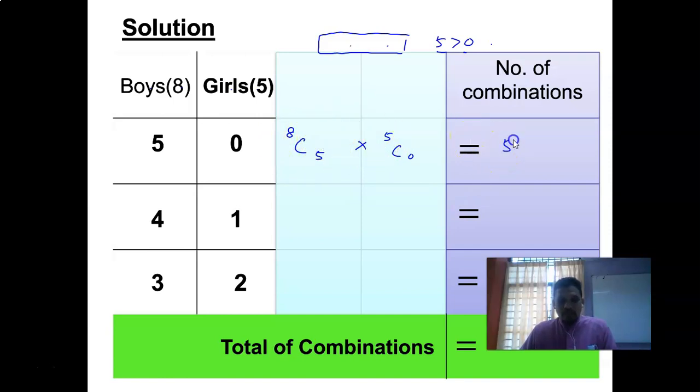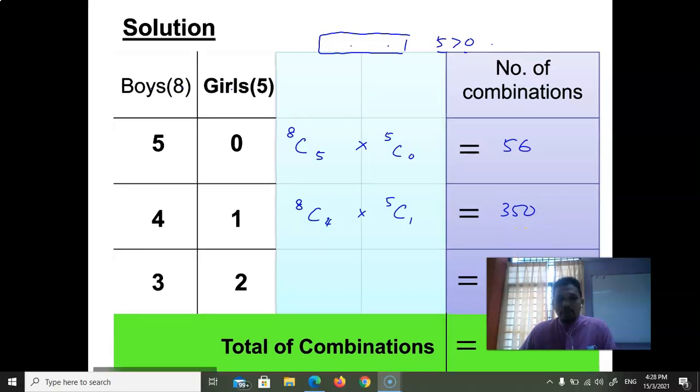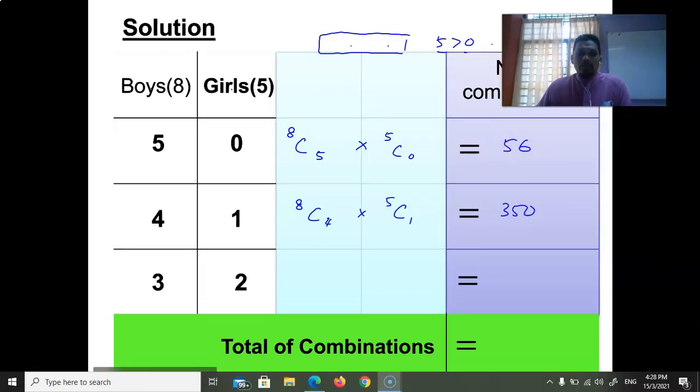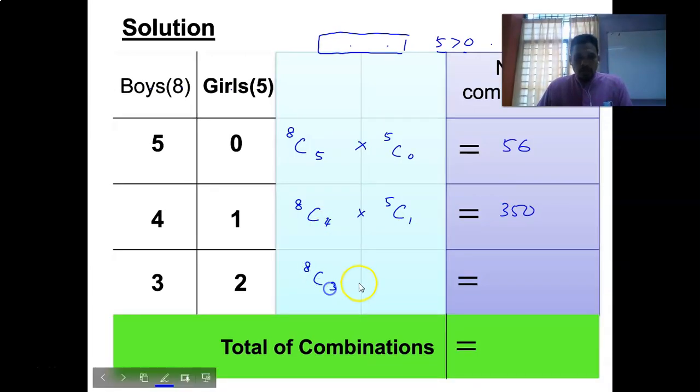It gives you 56. Next, from 8 boys we choose 4, and from 5 girls we choose 1, and this gives you 350 ways of selecting the persons. Then 8C3 times 5C2 equals 560.